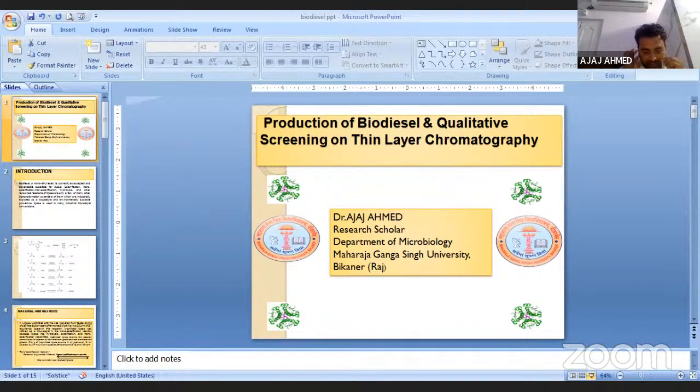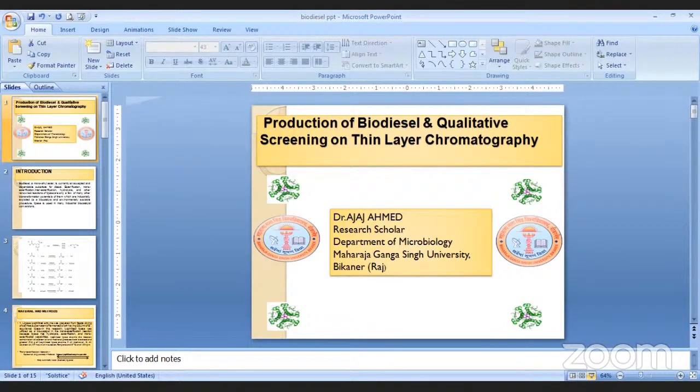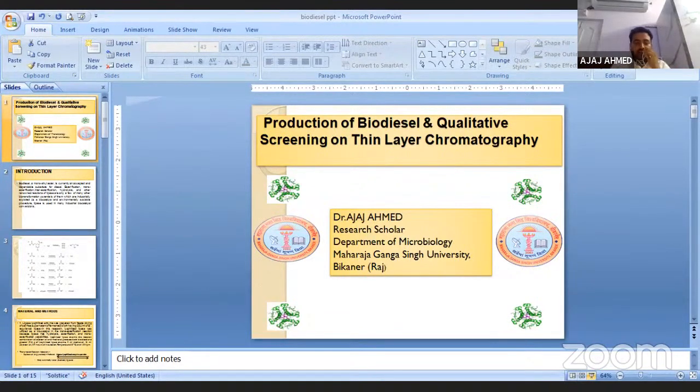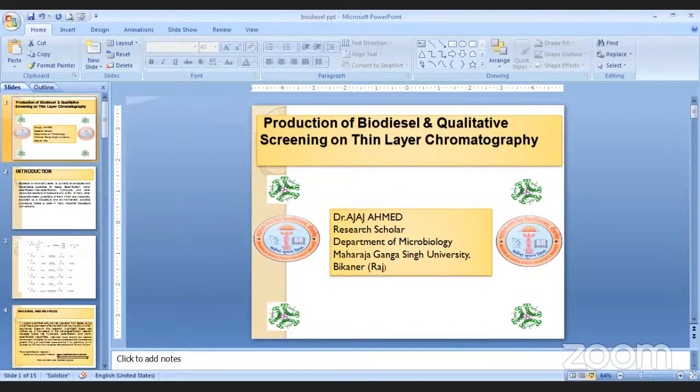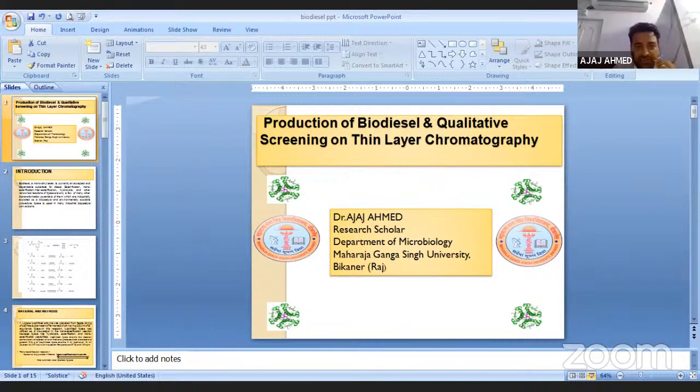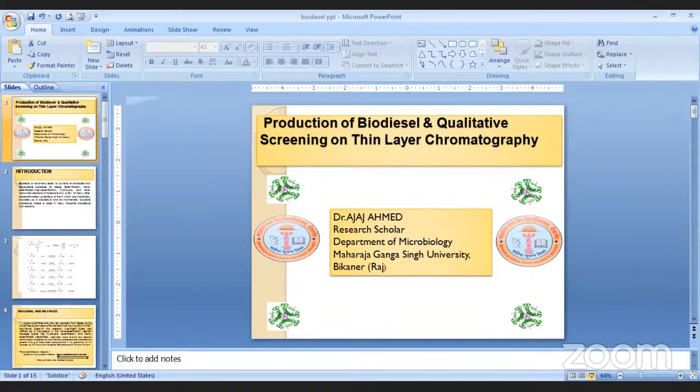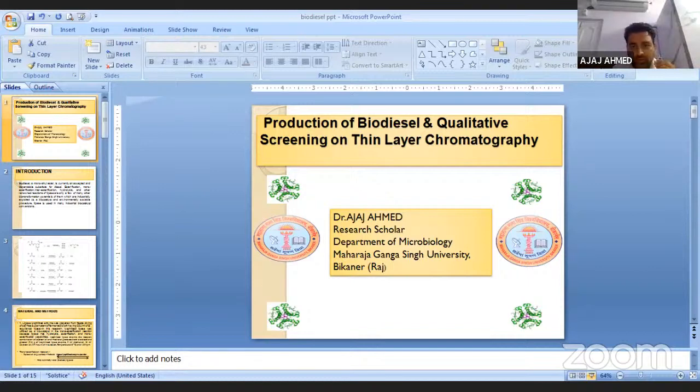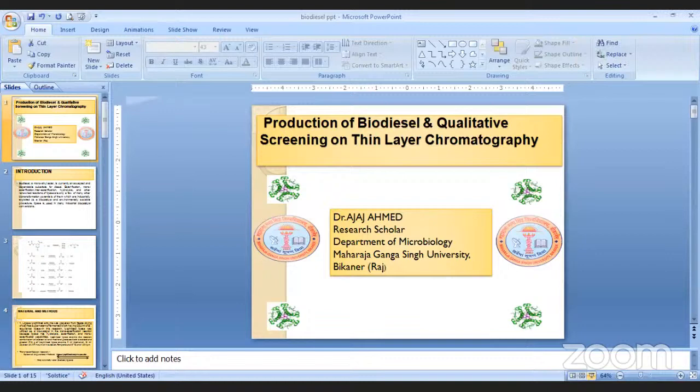Can I visible? Hello. Yes, sir. Your screen is visible and your voice is also audible. Okay. Just share it on the slideshow, sir. Your PPT. Is my PPT visible? Yes, PPT is visible. Please put it on slideshow. Towards your right hand side at the toolbar, you have the option, slideshow, just beside the 100% number. There you have the option of slideshow.